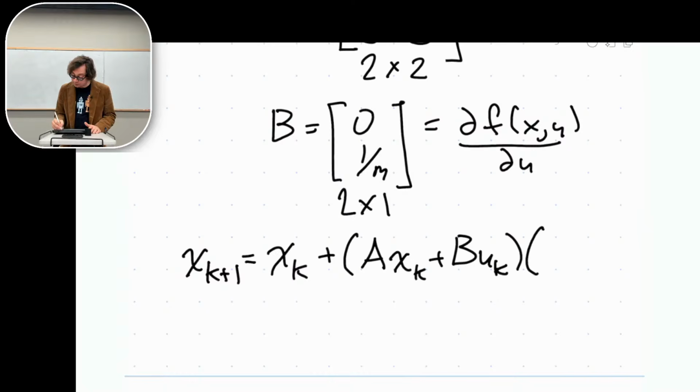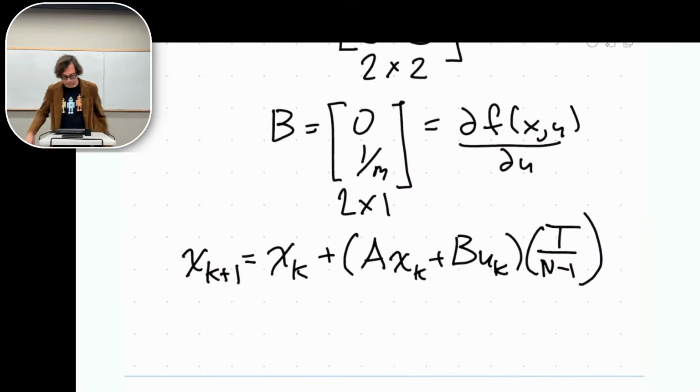times delta t, which we know is T over n minus 1. This is our time horizon. Those are our constraints.